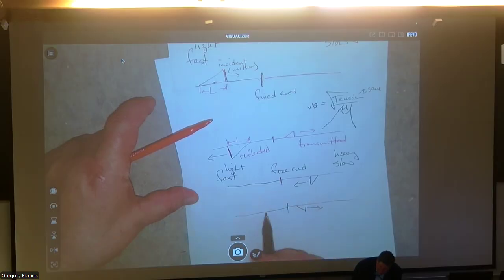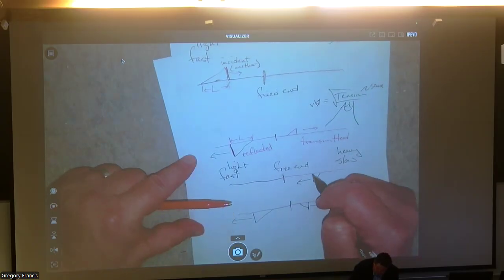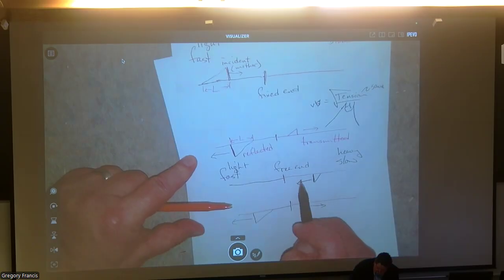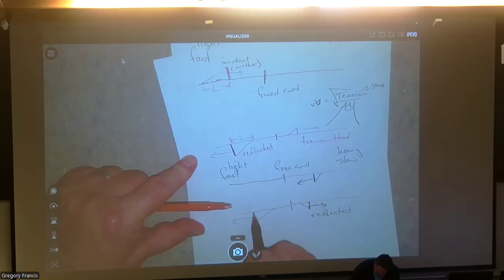And the transmitted is always on the same side as the mother. And you see that the steep side of this pulse was the leading edge that was leading the charge. And it's also leading the charge for the reflected. And it's leading the charge for the transmitted.